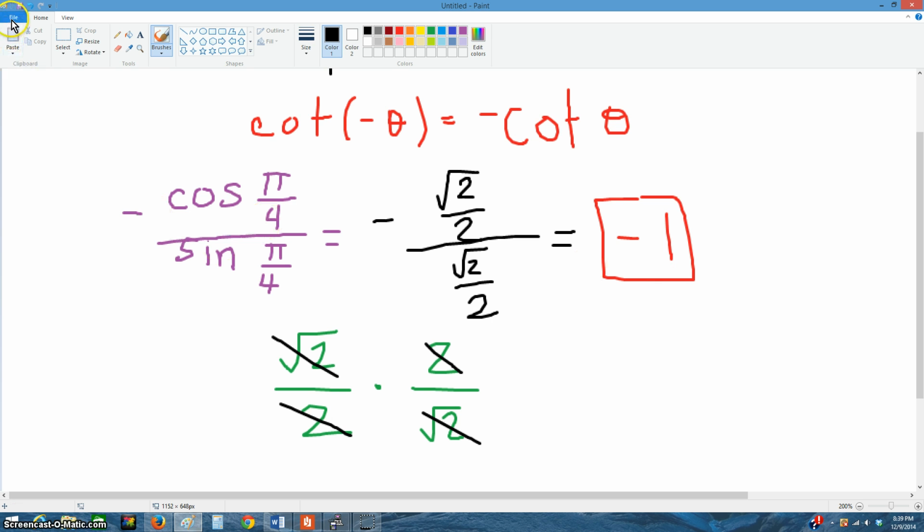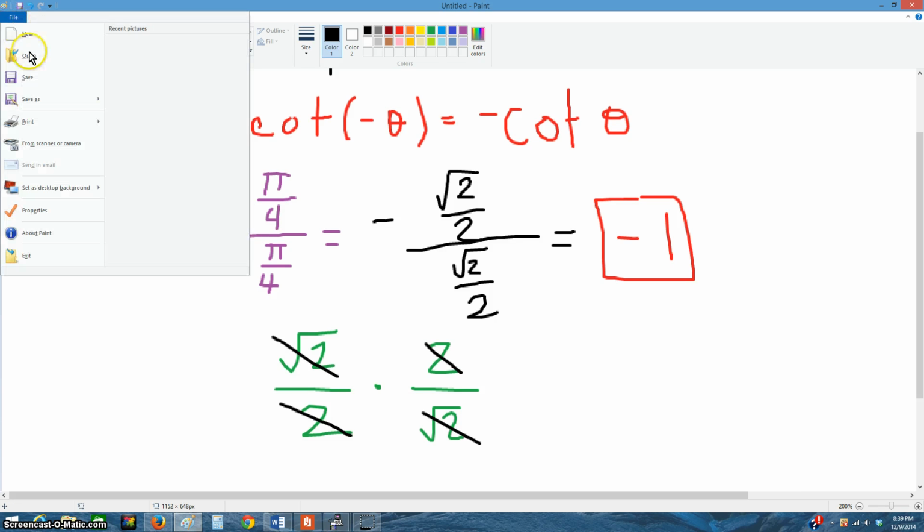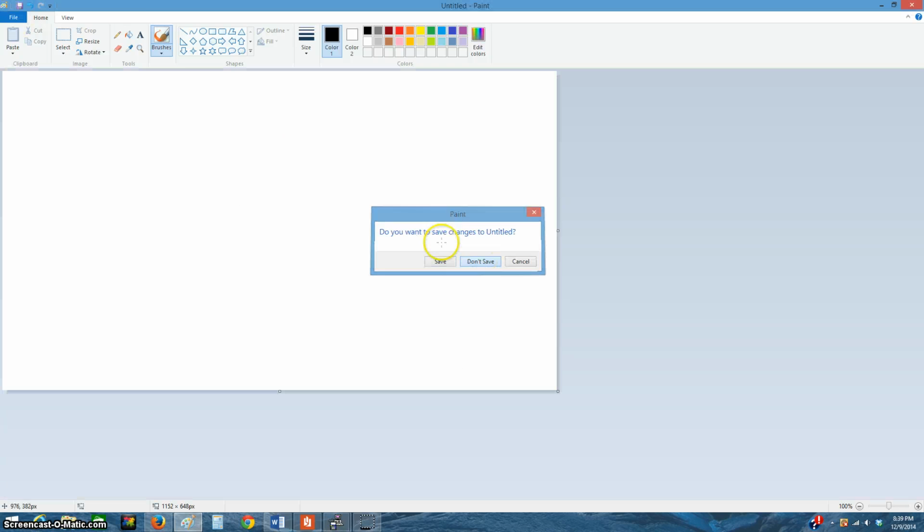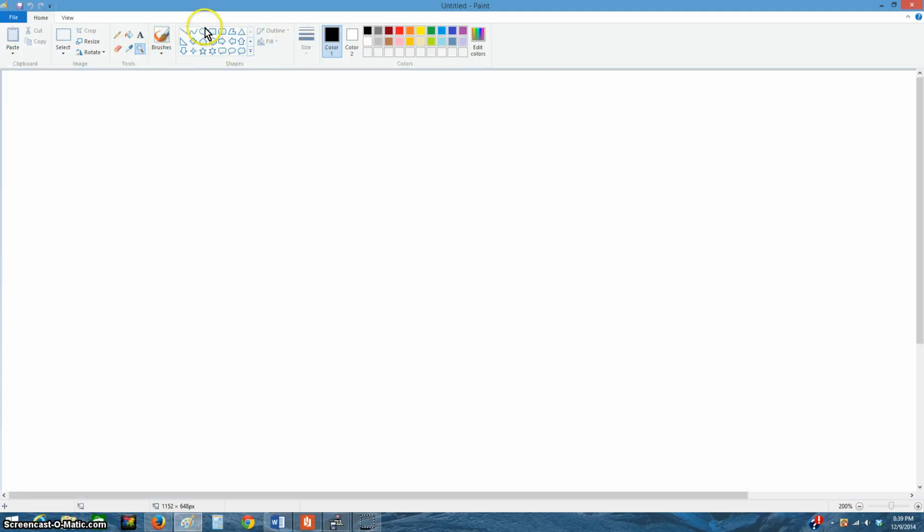Okay. The last one is number 10. Very simple again. Tangent of 4 pi over 3.